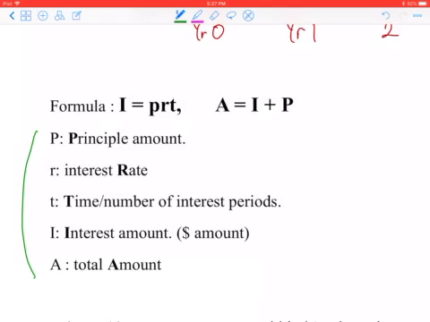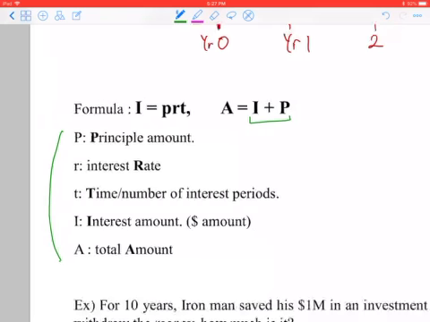P is the principal, R is the rate, so that's the percent. T is the time, or the number of interest periods. A is the total amount. So it makes sense, right? If you add the interest amount to the principal, it becomes the total amount that you're going to get.